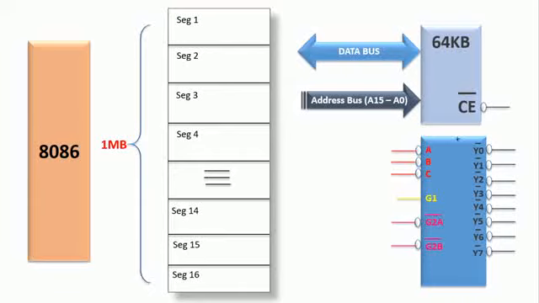Now, in order to map this particular memory device into the memory space provided by the microprocessor, we are supposed to make use of the address decoder. When you use the address decoder to map this memory device into the memory space, you are supposed to concentrate on the chip enable signal. You connect one of the output lines of the address decoder to the chip enable signal of the memory device.